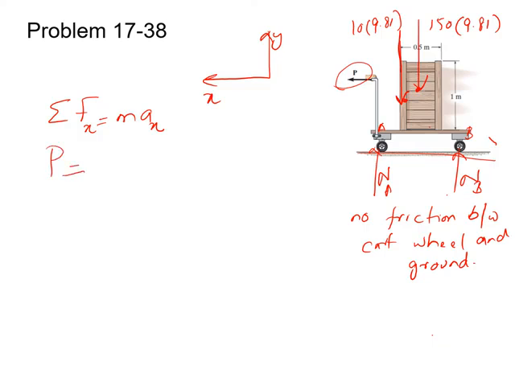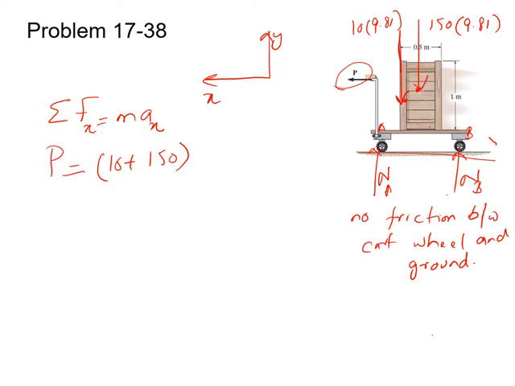Here we consider the system, which includes the cart as well as the crate. So the mass will be the cart plus crate, which is 10 plus 150. This is basically the mass of the system, times a. In the previous slide we found the value of a.